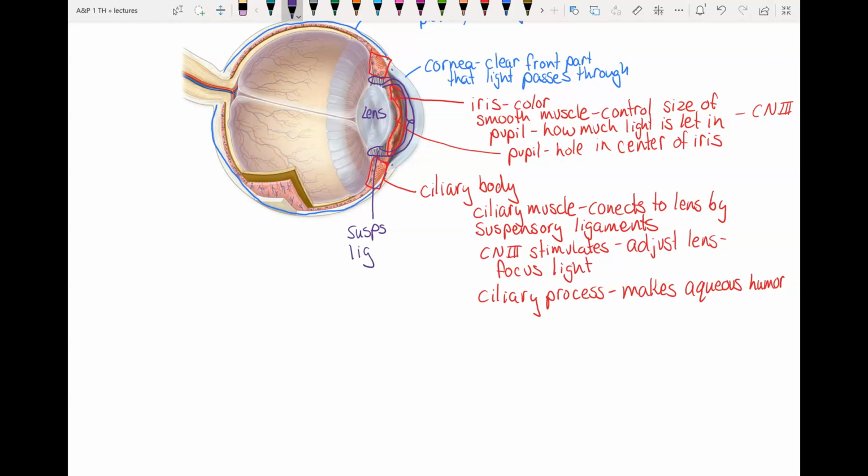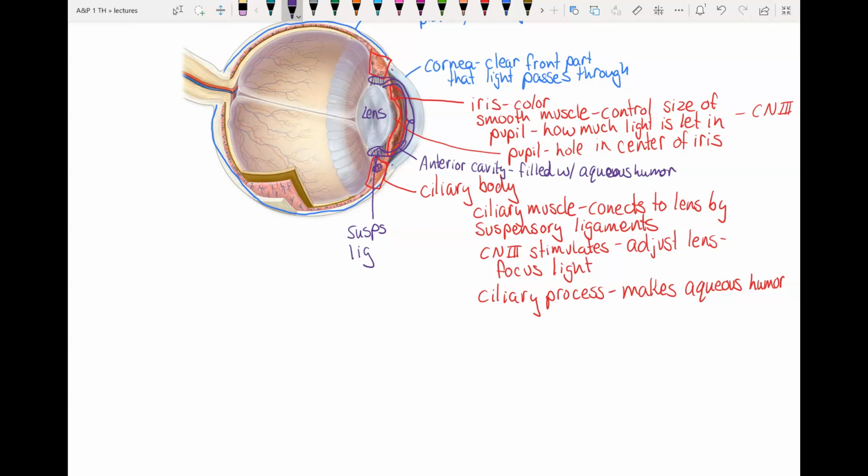And the aqueous humor fills that anterior cavity. So the aqueous humor is made here in the ciliary process, and then it flows up to fill this anterior cavity.